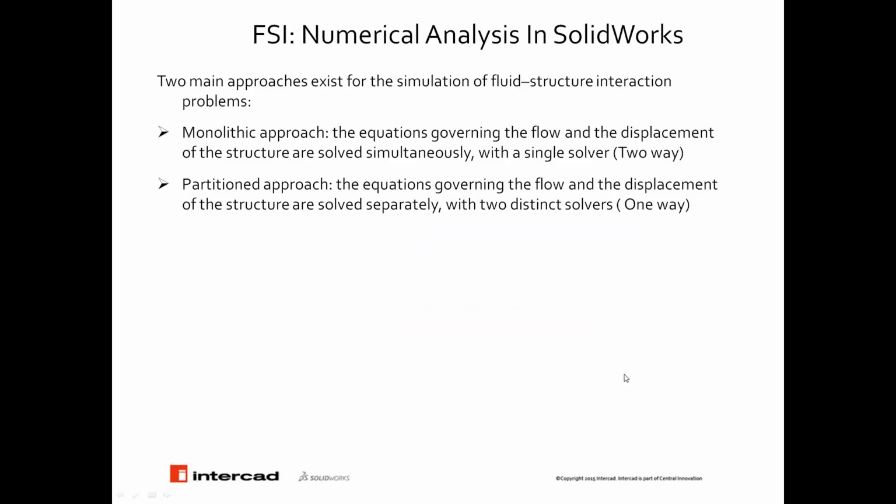We have two main approaches for FSI problems. The first is the monolithic approach. We have one specific software solving the structural domain as well as the fluid domain simultaneously.